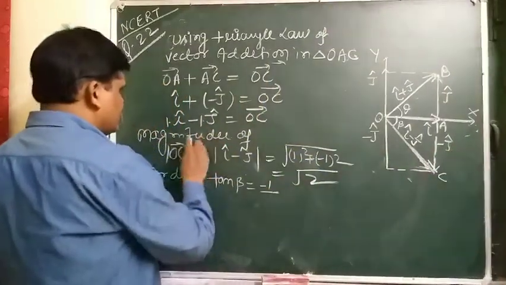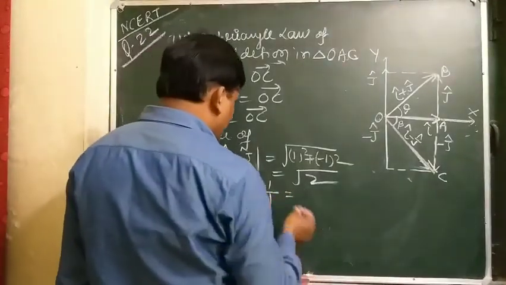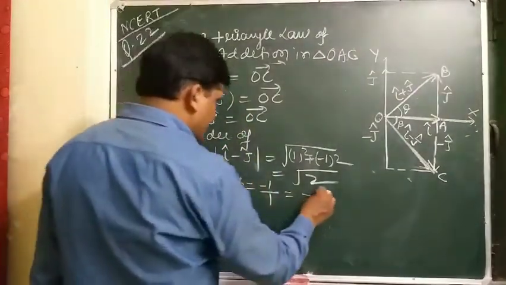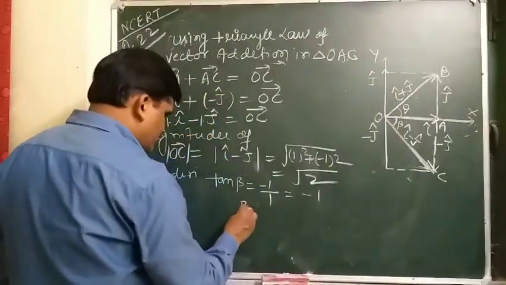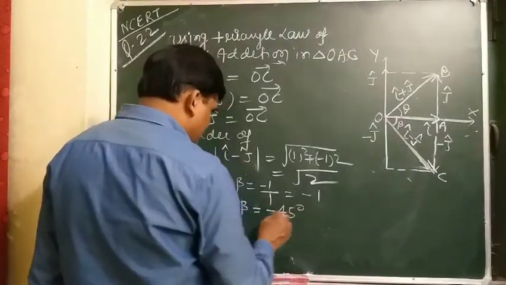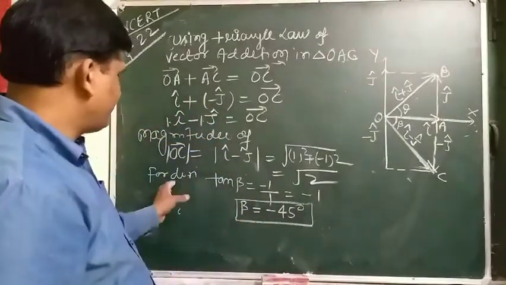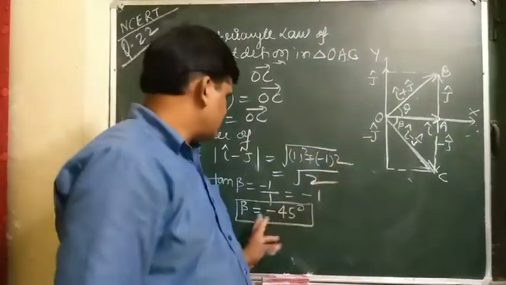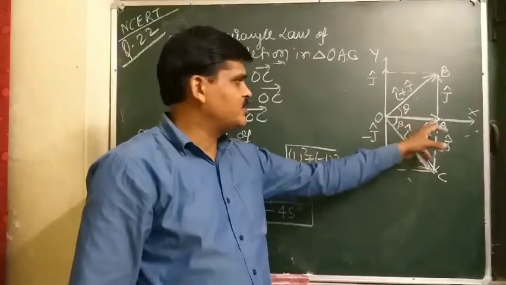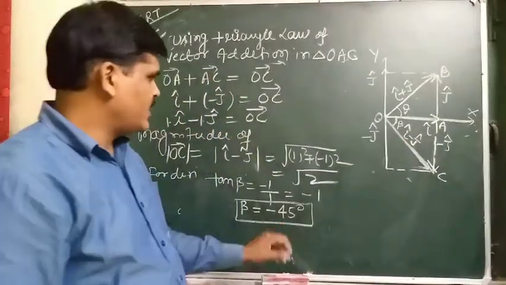And student, this will be minus 1 by 1, which is minus 1, and beta comes out to be minus 45 degree. So this is the direction the resultant i cap minus j cap makes with the x axis, which is minus 45 degree.